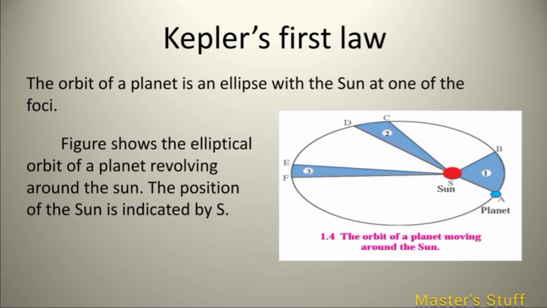The figure shows the elliptical orbit of a planet revolving around the sun. The position of the sun is indicated by S, which is indicated by the red dot. Thus, Kepler's first law conveys that the orbit of the planet is in elliptical shape.